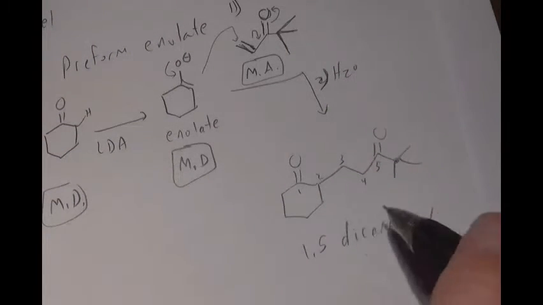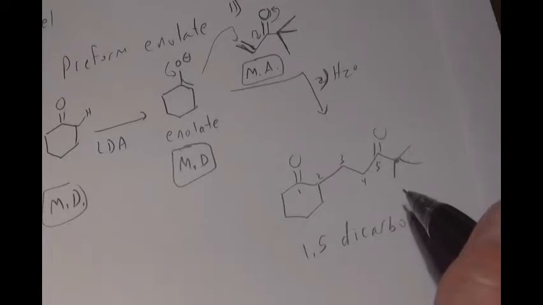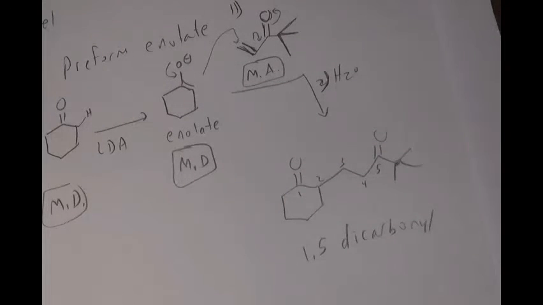Because it goes 1, 2, 3, 4, 5. You should always do that, because if you draw a 1,4-dicarbonyl, you screwed up. If you drew a 1,6-dicarbonyl, you screwed up. Okay, so that's the final product.